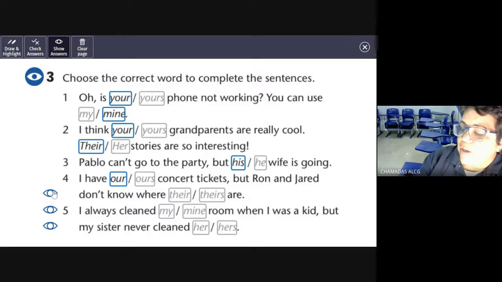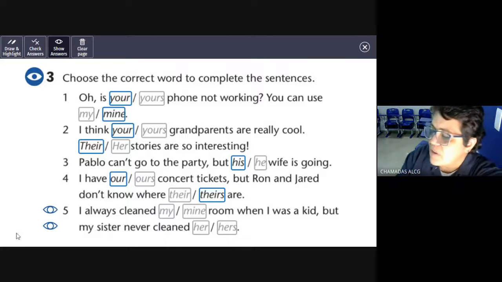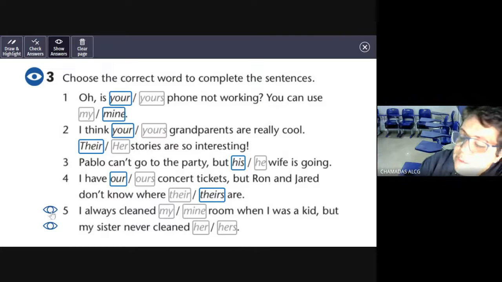The second one. Theirs. Yes, because we are replacing their tickets. So theirs. Number 5, I always claimed my room when I was a kid, but my sister never claimed hers.